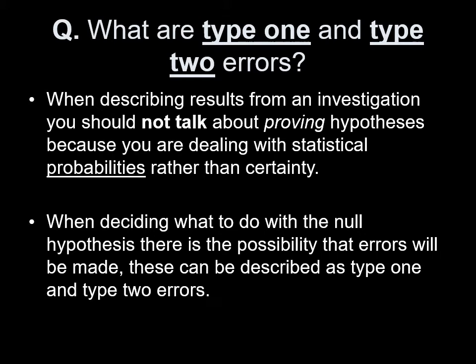So when you carry out your test, you get your findings and they demonstrate whether they are significant or not. And you have to decide whether or not to reject the null hypothesis. So this means whether you are deciding to say, yes, there is something pretty meaningful going on here. And the type 1 and type 2 errors come into this process of whether you reject the null hypothesis or not.